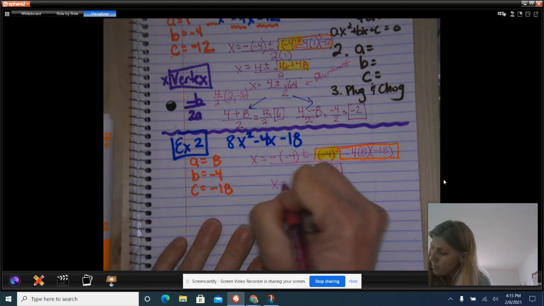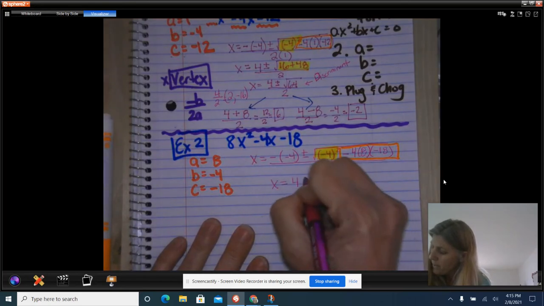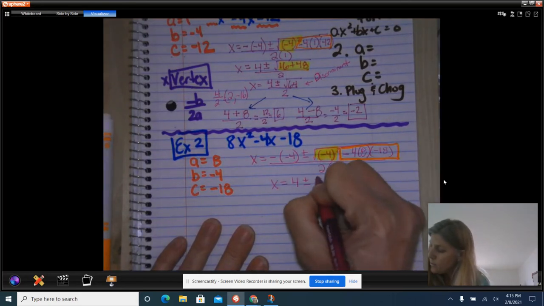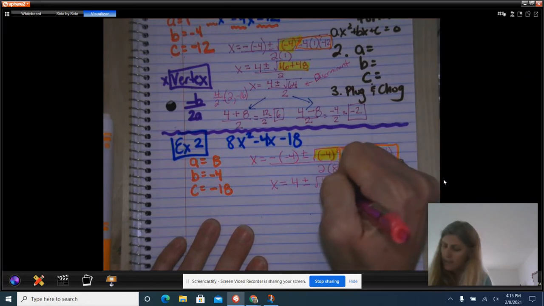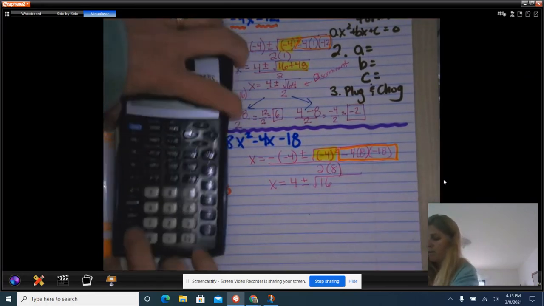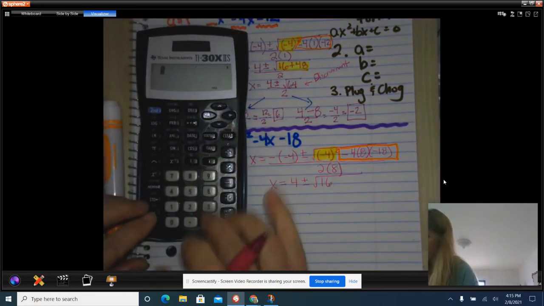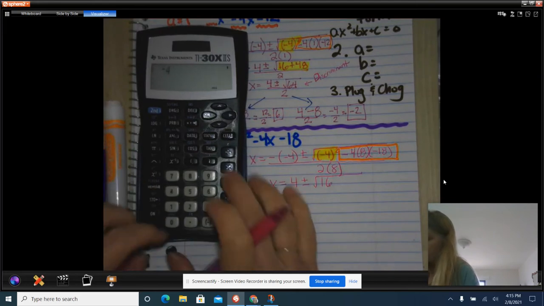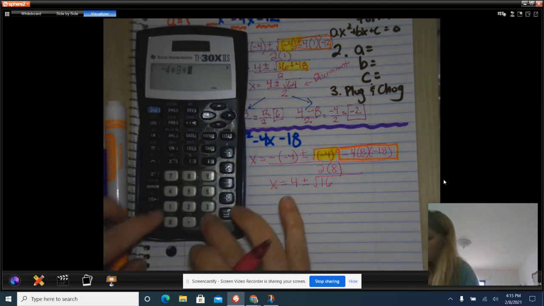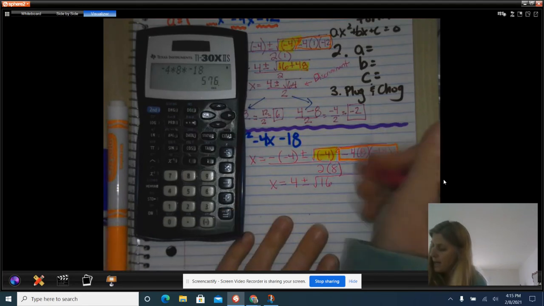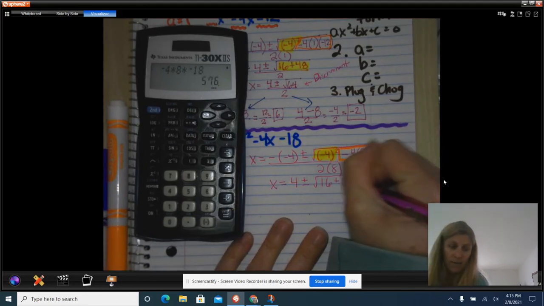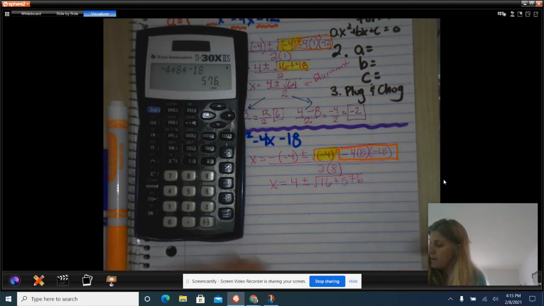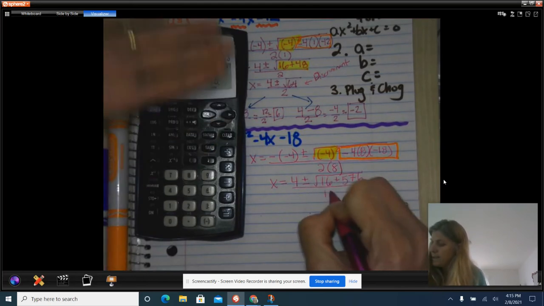So x is equal to negative negative 4 is 4, plus or minus the square root, negative 4 squared is 16, and then in my calculator, I'm going to multiply those 3 numbers together. Negative 4 times 8 times negative 18, and that is a positive 576, all over 16.